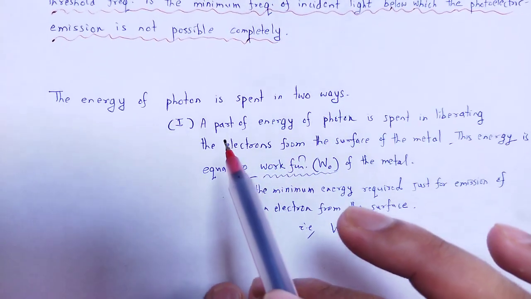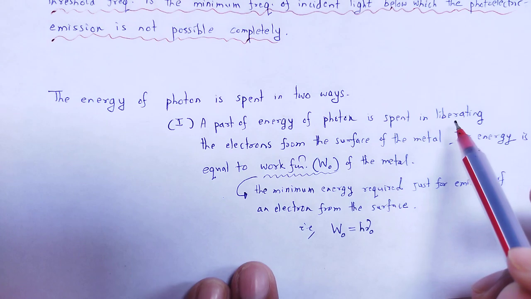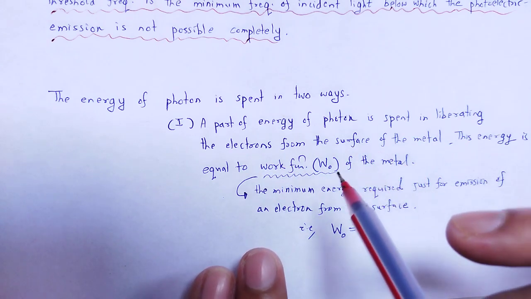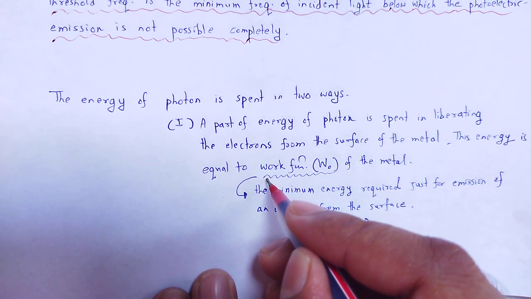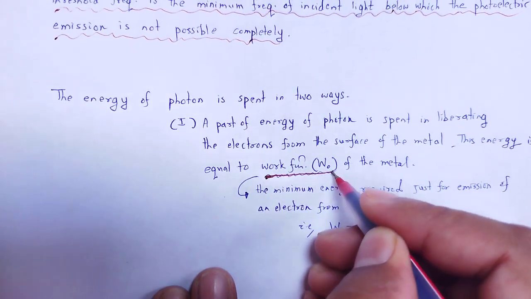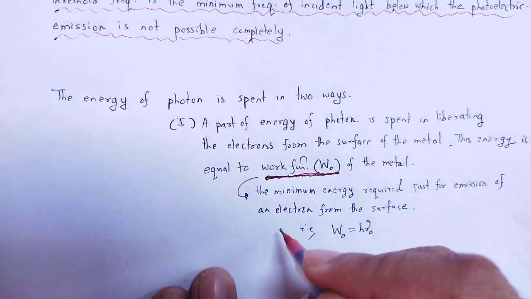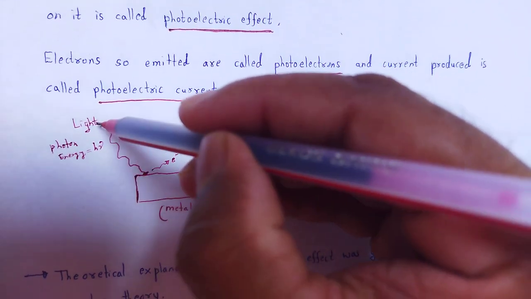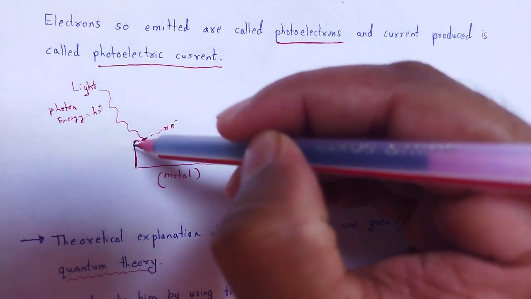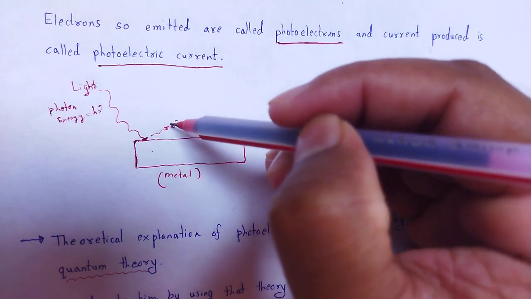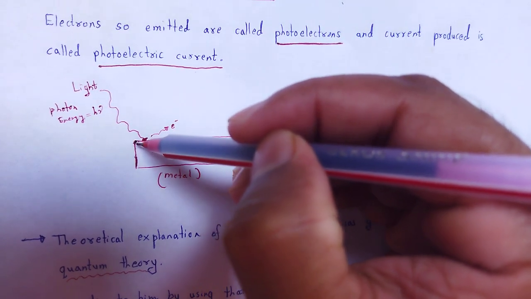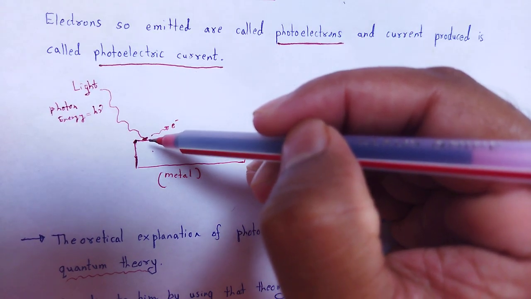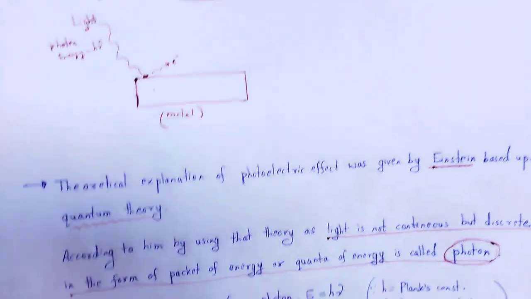One, a part of the energy of the photon is spent in liberating the electrons from the surface of the metal, and this energy is equal to the work function of the metal. That work done, or the energy required, is called the work function.